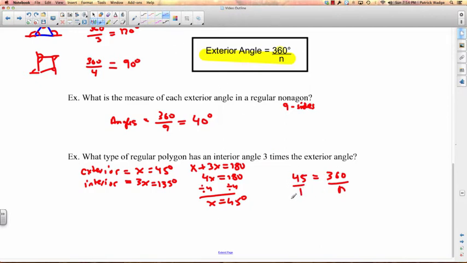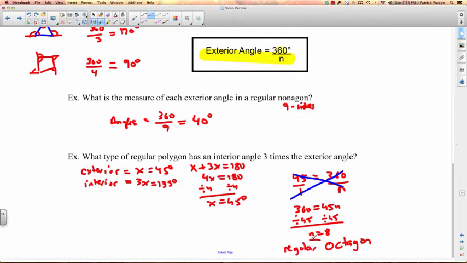So I'll multiply that times that and that times that. And if I do that, I get 360 equals 45n. Divide both sides by 45. And if you do that, you get n equals 8. It is an octagon, a regular octagon is what the shape is. A regular octagon has interior angles 3 times the exterior angle.